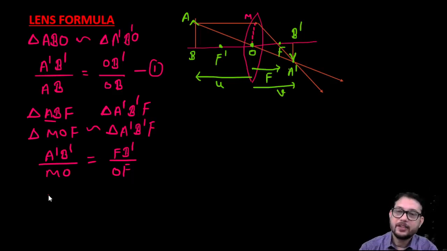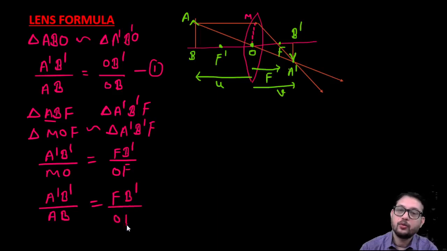So that will be A dash B dash upon AB, where MO, the virtual object, is replaced by the real object, equals FB dash upon OF. Up to here I hope each and everything is clear to all of you. This is equation number 2.